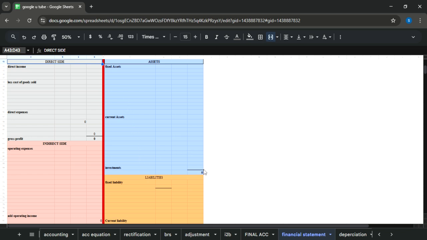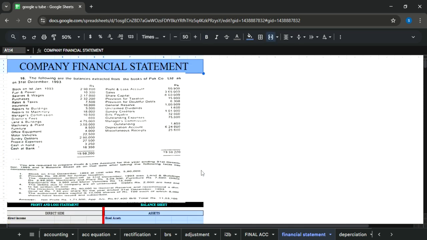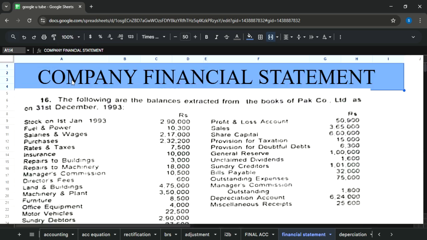These three sums create the total of the asset side, which would also be equal to the total of liabilities, and this represents the balance sheet total. So this was your brief introduction and view of the question, and I'm sure you are now mentally prepared for what we are going to do today and ready to start.